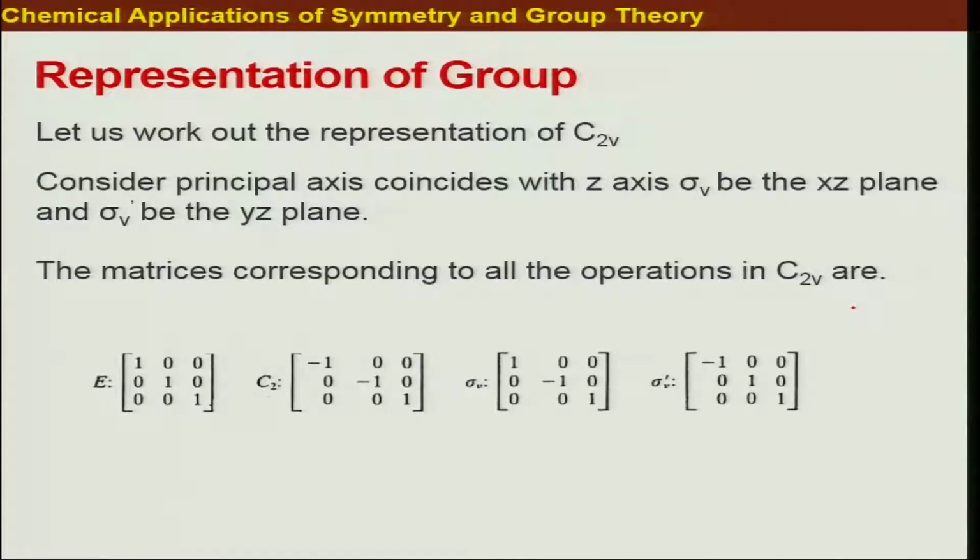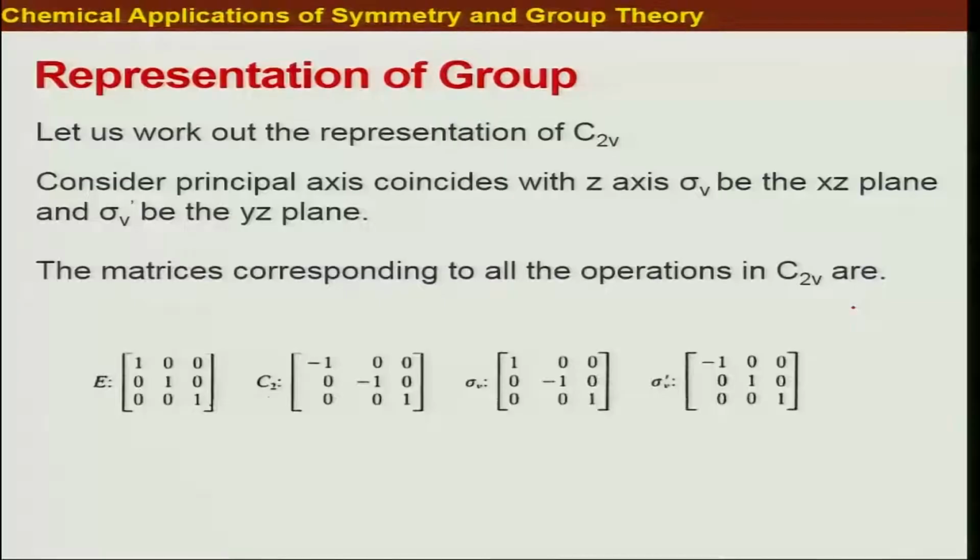Now we differentiate them as sigma v and sigma v prime. So here we choose sigma v to be the xz plane in the coordinate system and sigma v prime to be the yz plane. Now, after considering this, we can get the matrices as follows. So this is for the identity, this is for the C2 rotation axis, sigma v and sigma v prime.